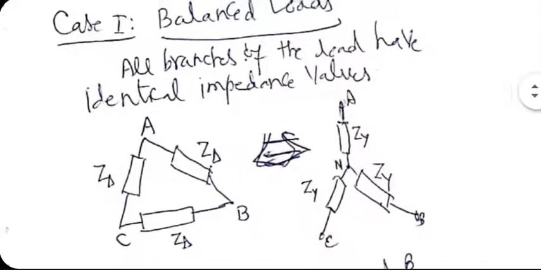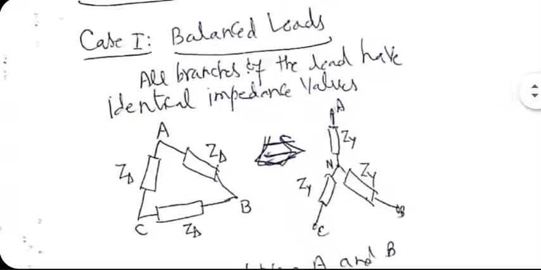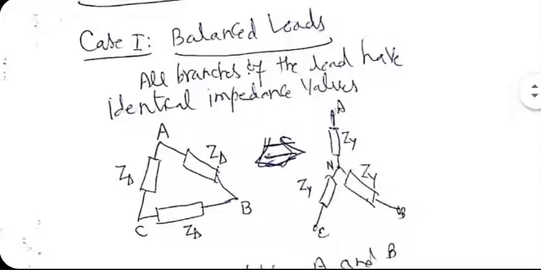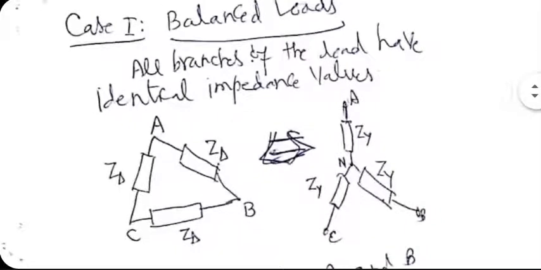Now, for analysis purposes, it is a very good technique to convert one kind of load to another kind of load or other way around all the time. Equivalences. That simplifies analysis in many cases. Simulation tools that we have for three-phase systems use this technique of converting from delta to Y load or Y to delta load all the time to improve the accuracy and to improve the simulation times.